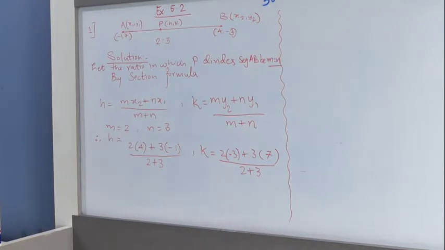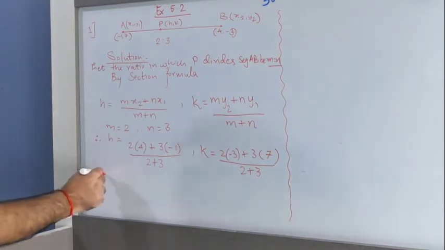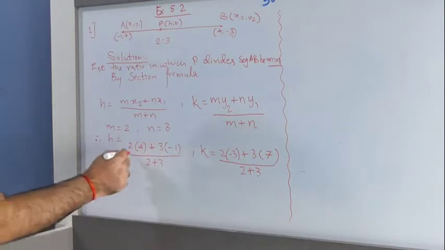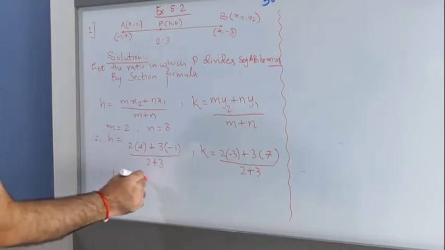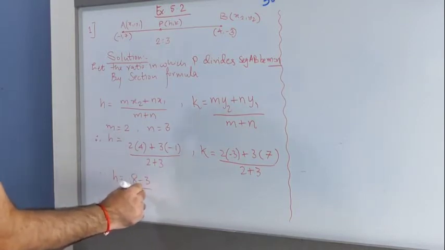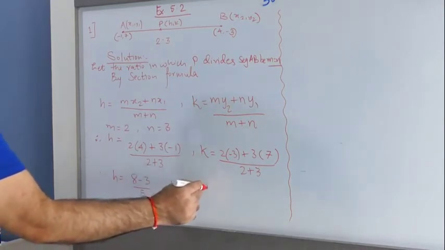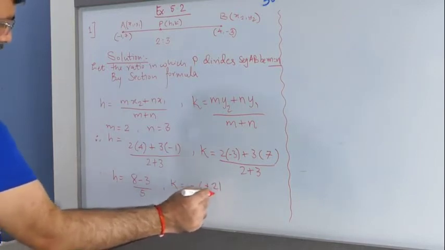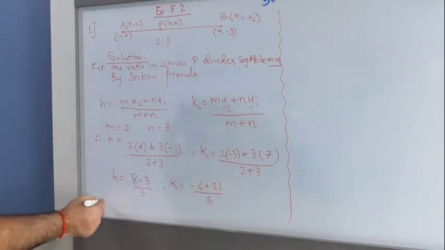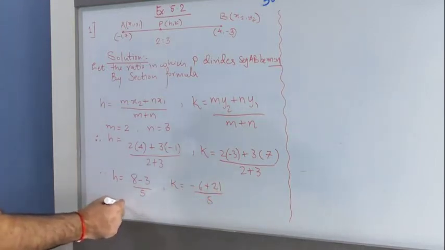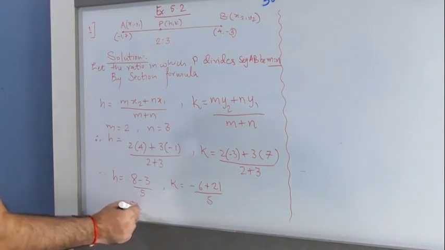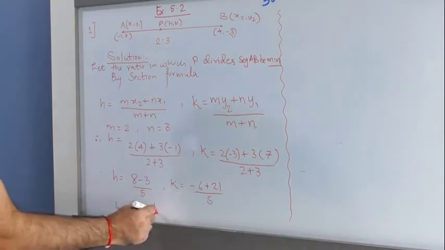Alright, now therefore what is h? 8 minus 3 upon 5. What is k? Minus 6 plus 21 upon 5. So h is 5 upon 5, which is equal to 1.